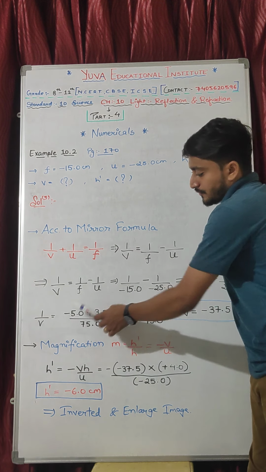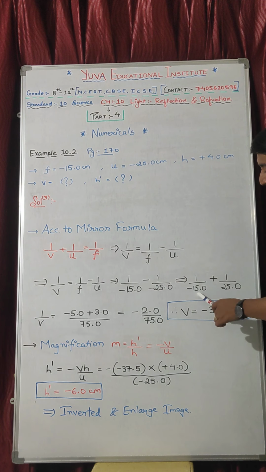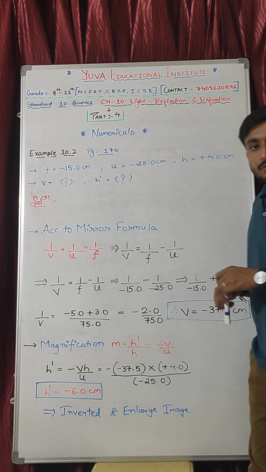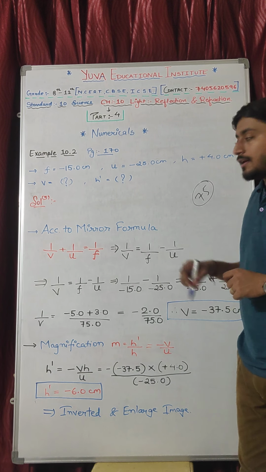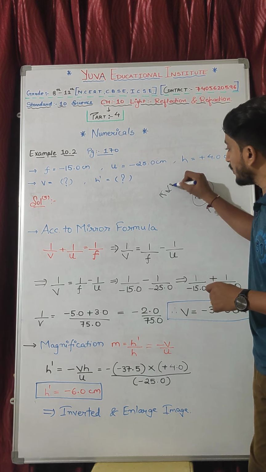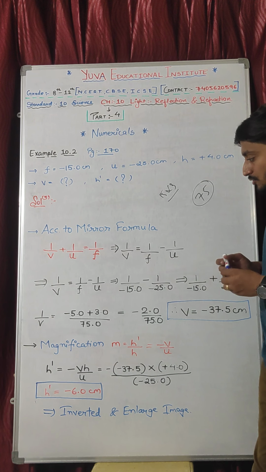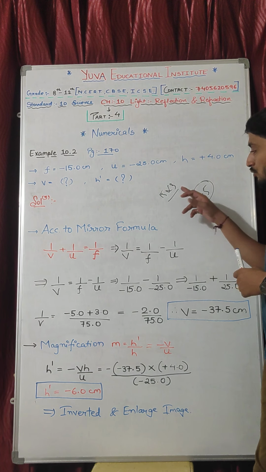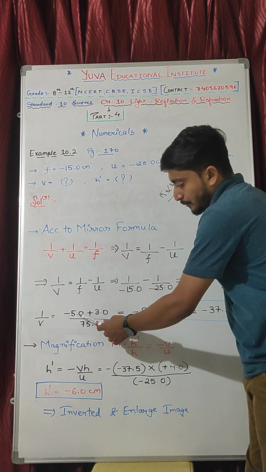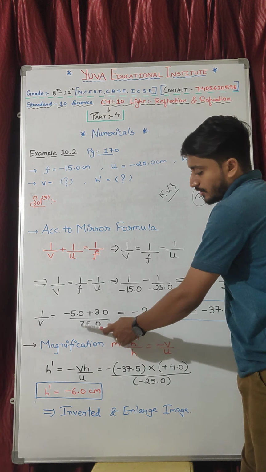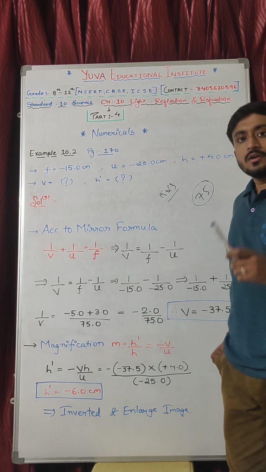Okay, how did minus 5.0 come? So 15 is there, you have to form 75, right? You have to make 75, you have 15, so you multiply by 5, and in the numerator also you have to multiply by the same factor, that becomes minus 5.0 plus 3.0 upon 75.0, right?